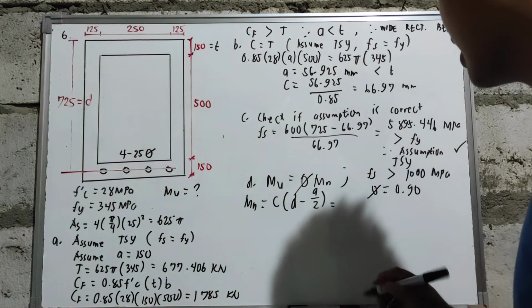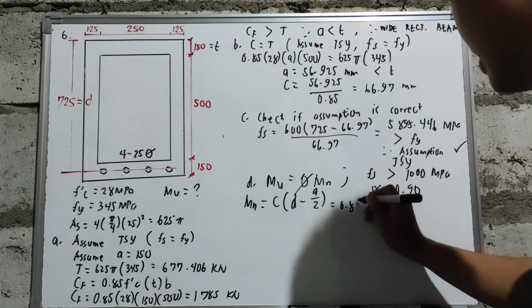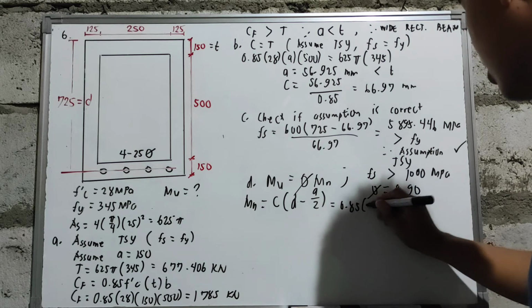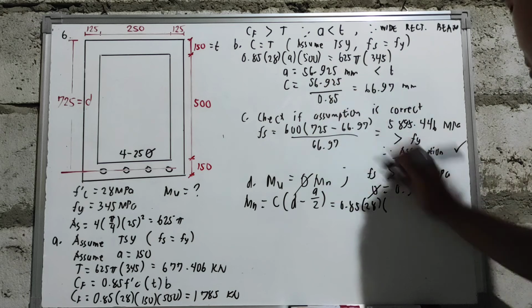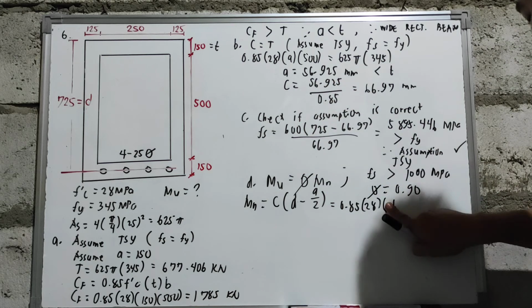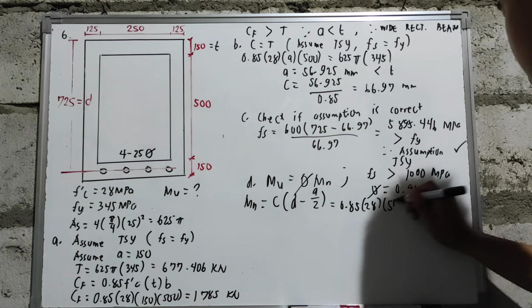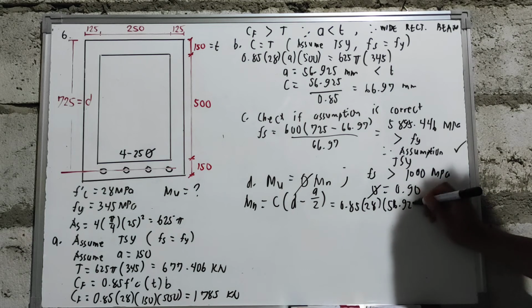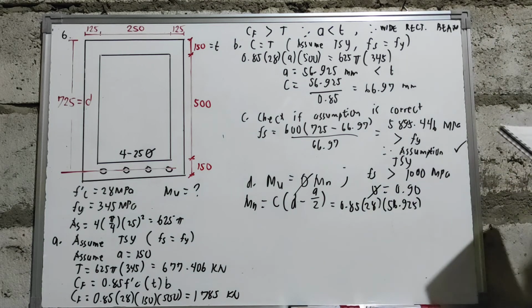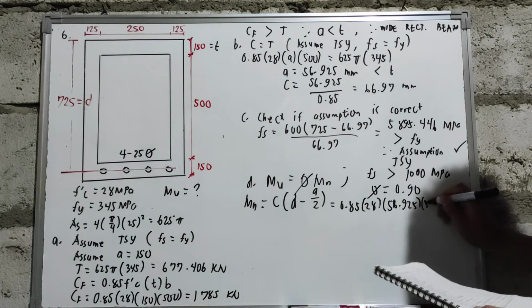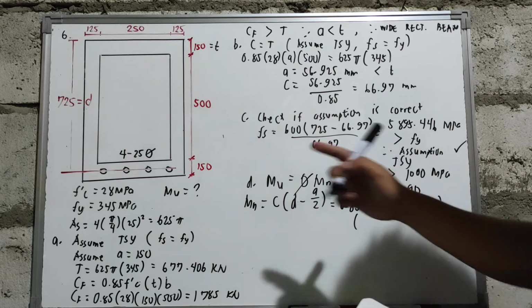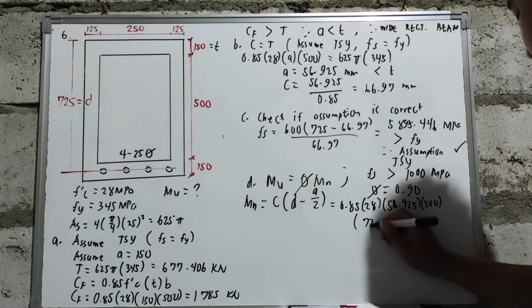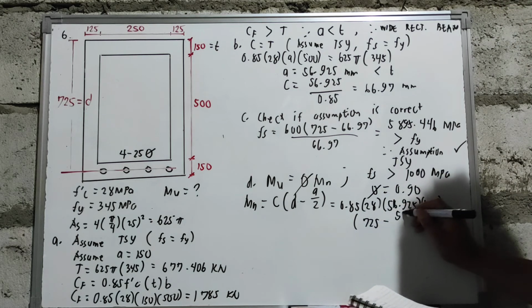So, yung C natin, that is equal to 0.85, yung F prime C natin na 28 megapascal, yung A natin, which is equal to 56.925, multiplied by yung width natin na 500, multiplied by yung moment arm natin na D. So, we have 725 minus A over 2.